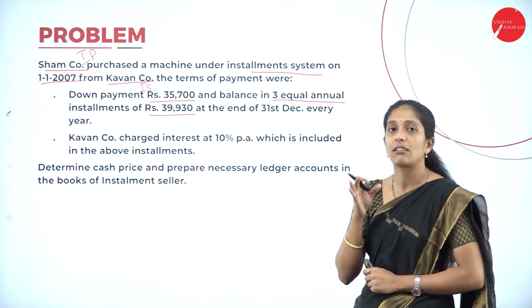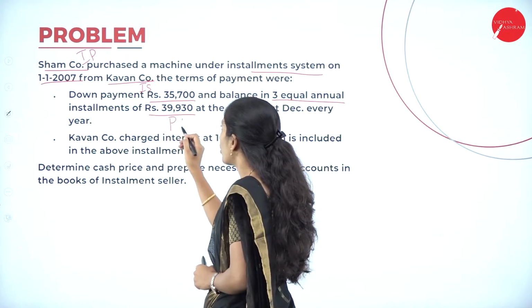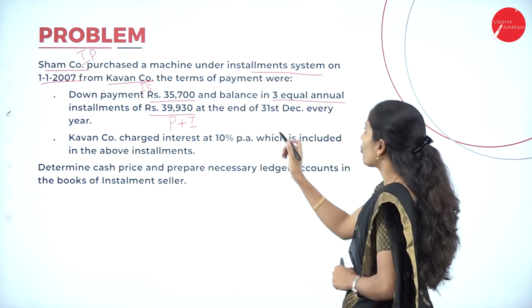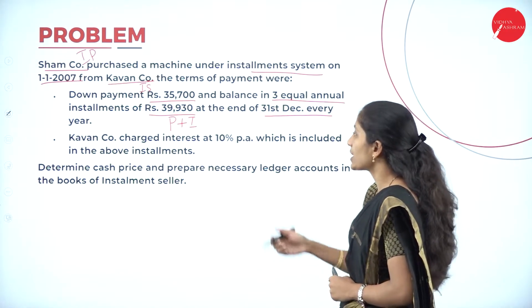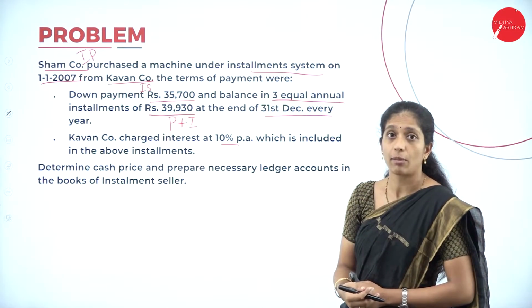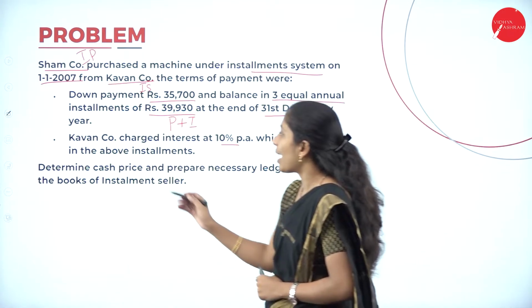They have directly given it's an installment. It is nothing but it is inclusive of interest. It is principal plus interest at the end of 31st December every year. Kavan company charges interest at 10% per annum. What is rate of interest on installment? That is 10% per annum, which is included in the above installment.